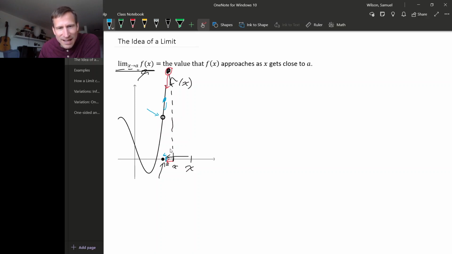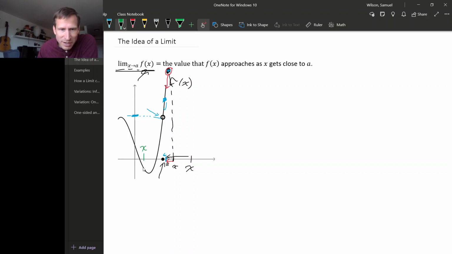You can see that if x starts off to the right of a and slides towards a, then for this particular graph, the value of this function, which is the height of this point, is getting closer and closer to this height, whatever height that happens to be. What if we started on the left? What if x starts over here?